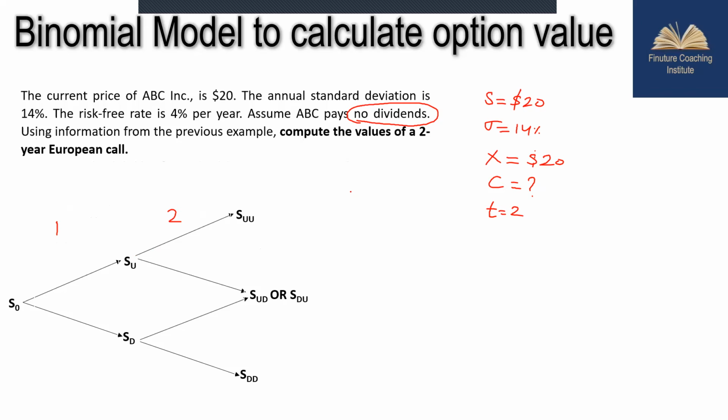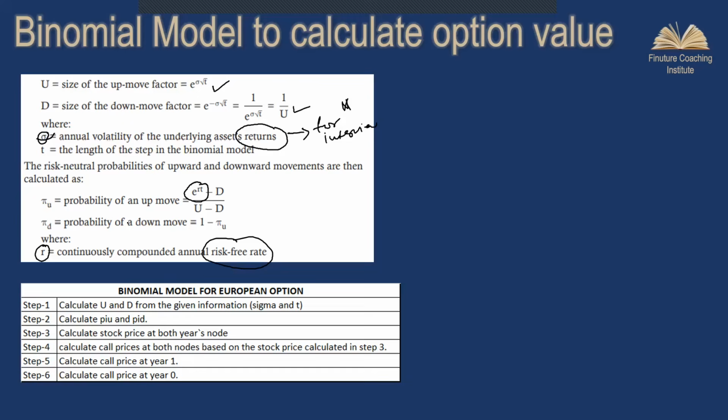So if I were to calculate u, let me again go back to black. What you have to calculate u is e to the power sigma root T. So your u will be e to the power 0.14 root T. Okay, just make a note of it.